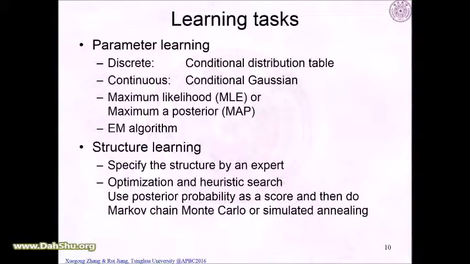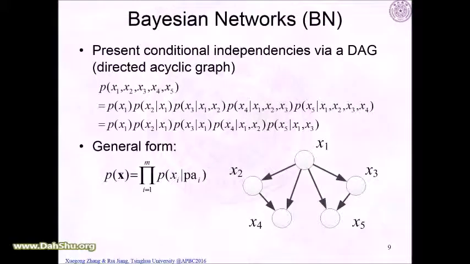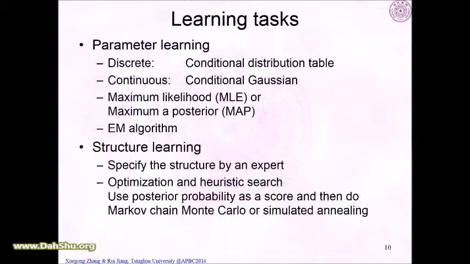And a more challenging task is the structure learning. For parameter learning, we assume we know the structure of dependence between the variables. But how can we know that? So this is a more challenging task. Actually, people really don't have a very good solution here.